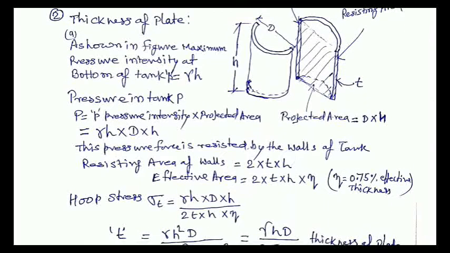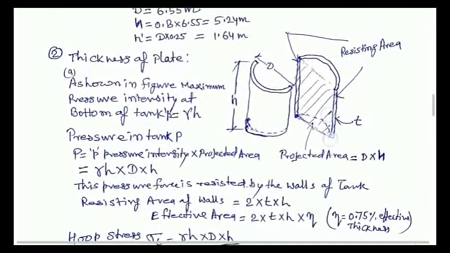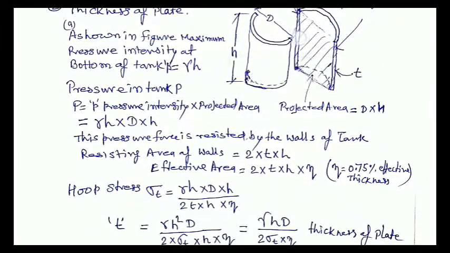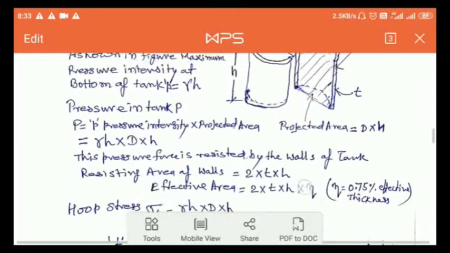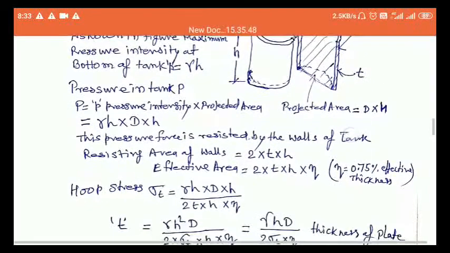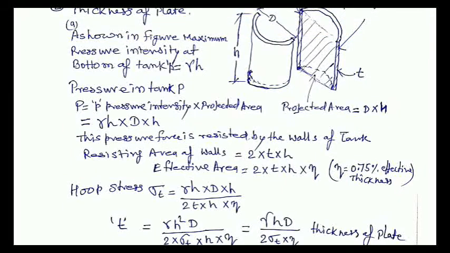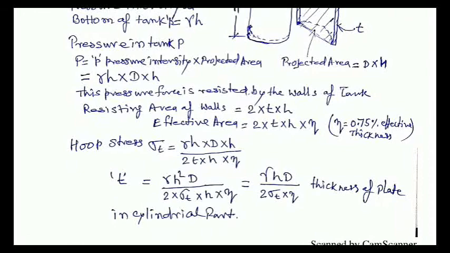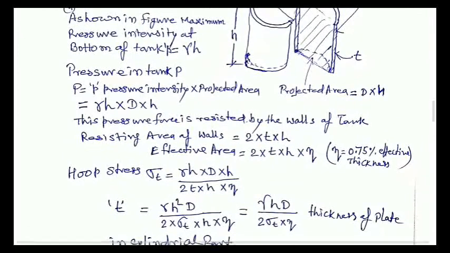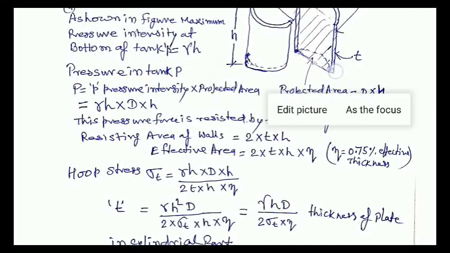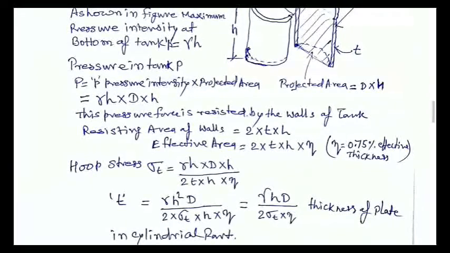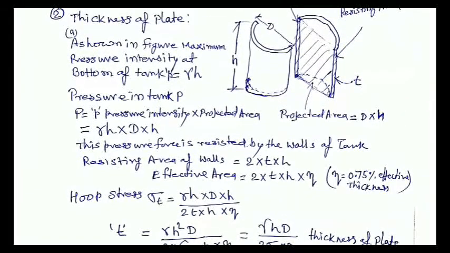Again you can see the two walls, one here and another here. These two walls will resist the total pressure force. So the resisting area of the walls will be equal to 2 times thickness of wall, this thickness, into the height of this tank.